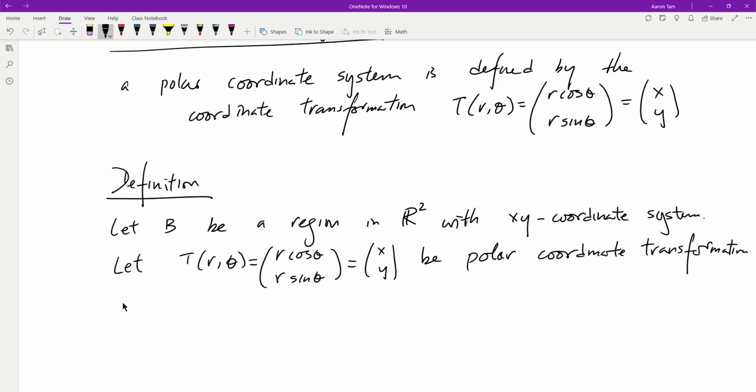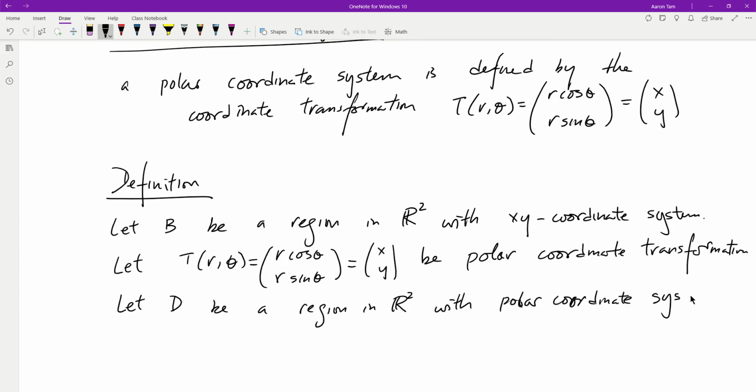And let's say we know a region in the polar coordinates that corresponds to the region in the x y plane. Let D be a region in R2 with the polar coordinate system. So how is this different? The difference is that D is in r theta while B is in x y.